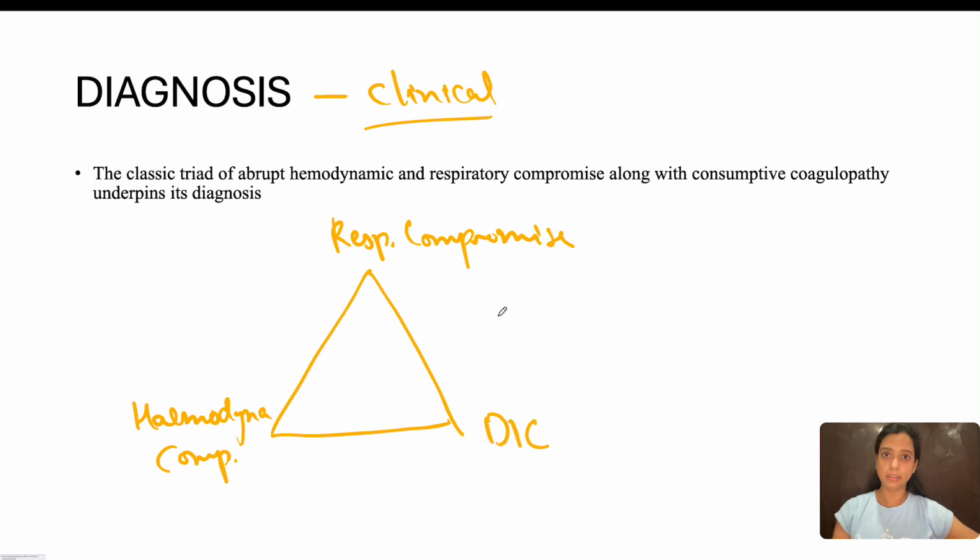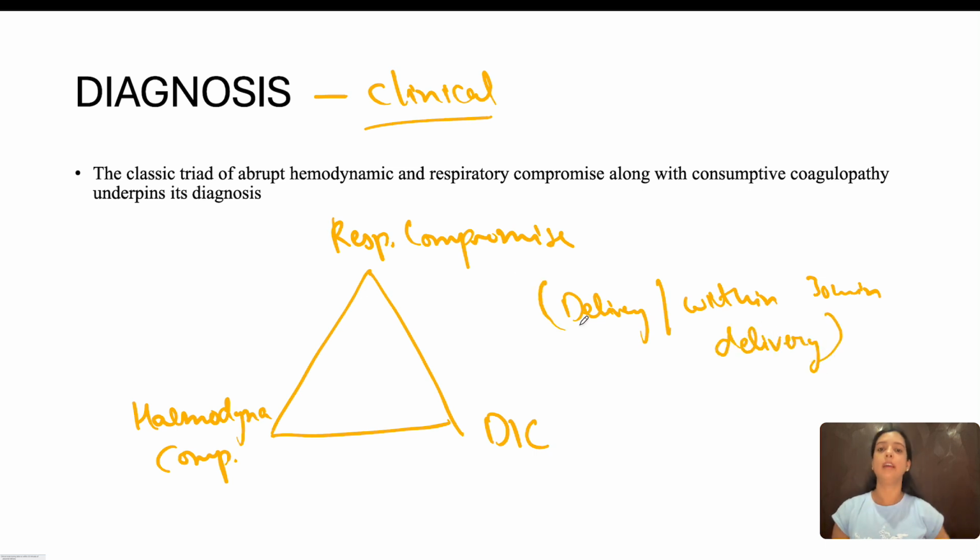All these things, when you find just immediately after delivery or within 30 minutes of delivery, you make a diagnosis of amniotic fluid embolism. There is no investigative test for that.